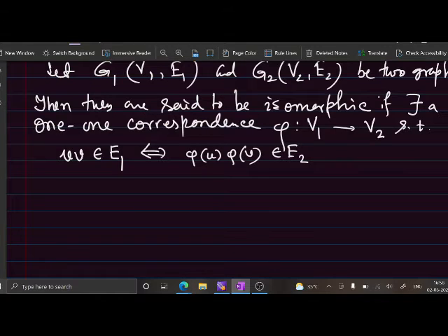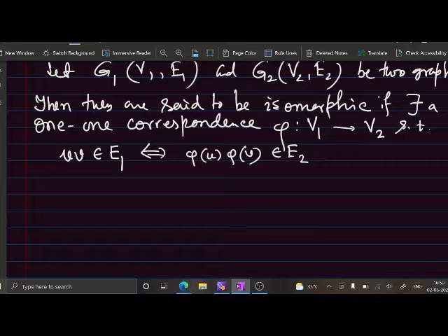So that means the map phi from V1 to V2 will be satisfying this property that if UV is an edge in the first graph, then their images, that is phi U and phi V, will be connected through an edge in the second graph. Okay, so that means the map phi will preserve the adjacency of the vertices amongst the two graphs.